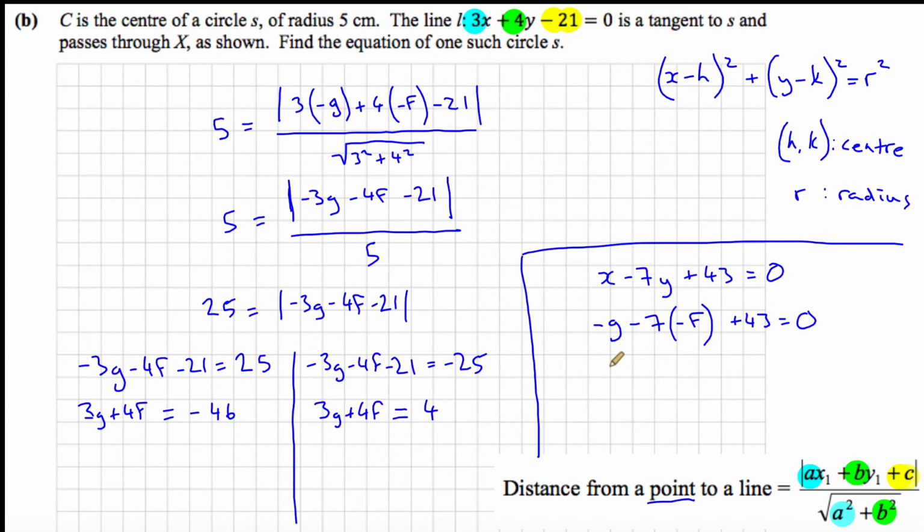And now we're going to tidy this up. So that's going to be minus g, minus 7 by minus f is plus 7f. And we're going to bring that 43 over to make it negative 43.